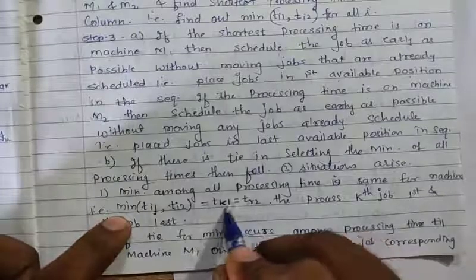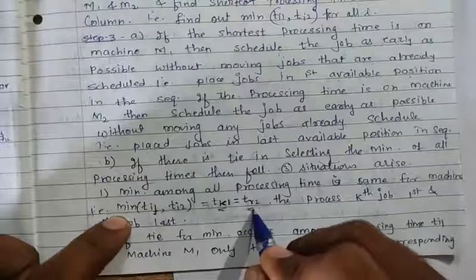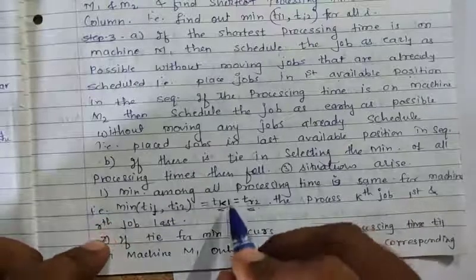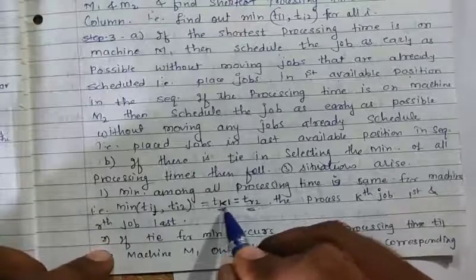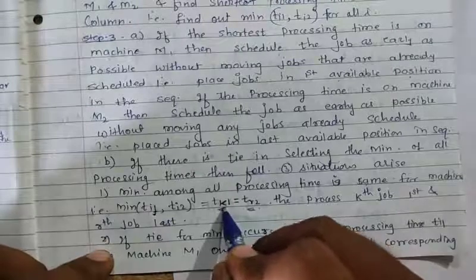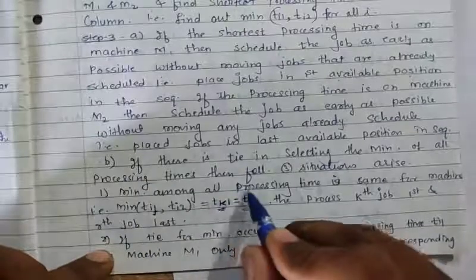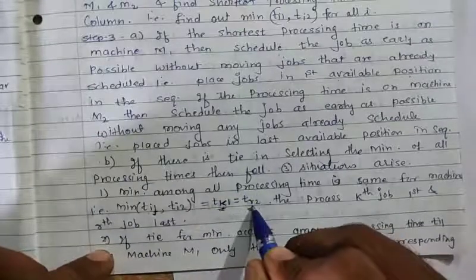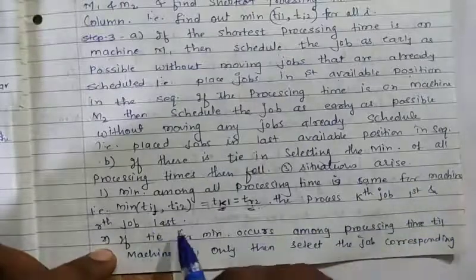Tk1 is for machine M1 and Tr2 is for machine M2. In this case, we place the kth job at the start because it is for machine M1, and we place the rth job last, because it is for M2. So we process the kth job first and the rth job last.